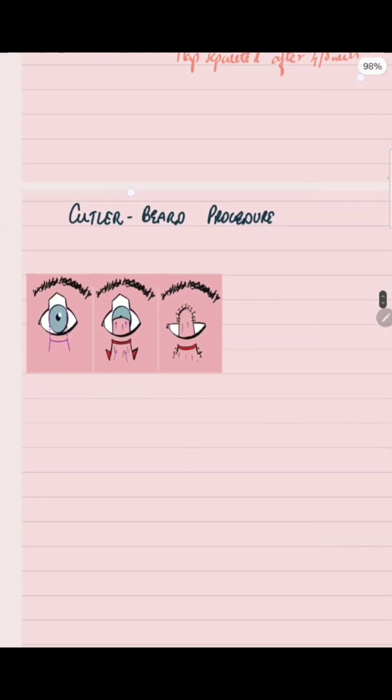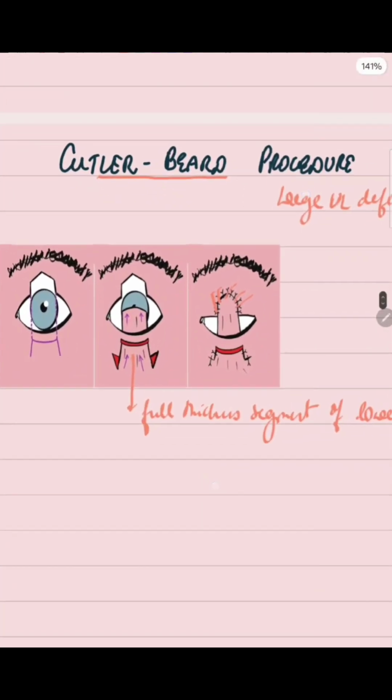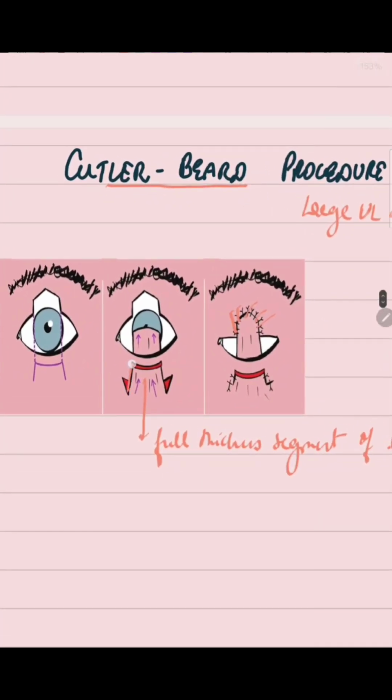Next, coming to the Cutler-Beard procedure. It is used for large upper eyelid defect. A full thickness segment of lower eyelid tissue is passed under an intact bridge of lower eyelid margin and is sutured into the defect of the upper eyelid.